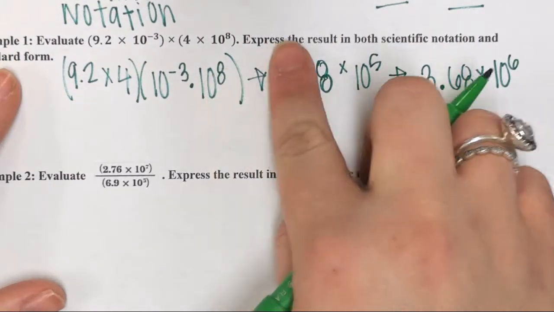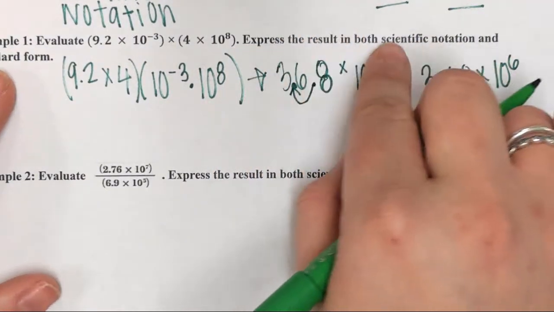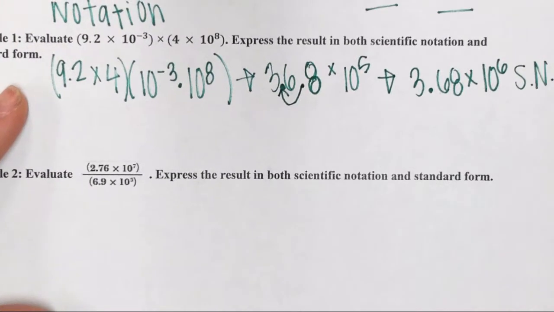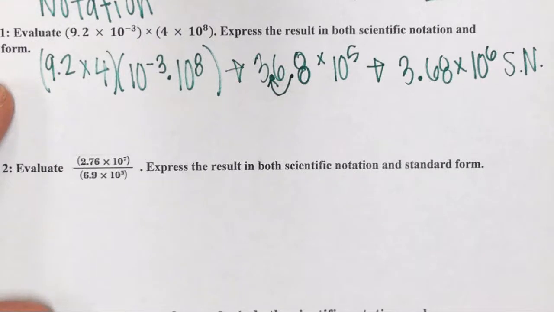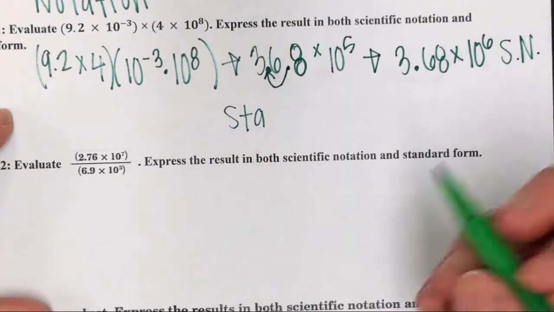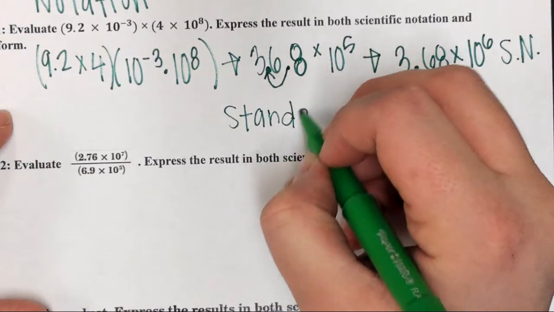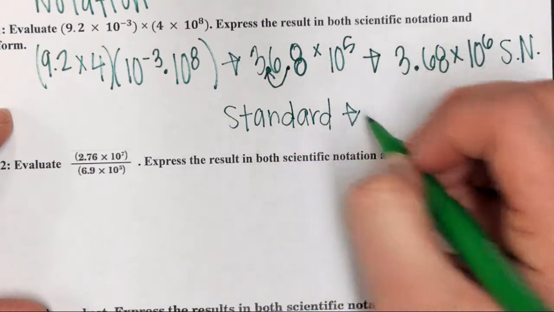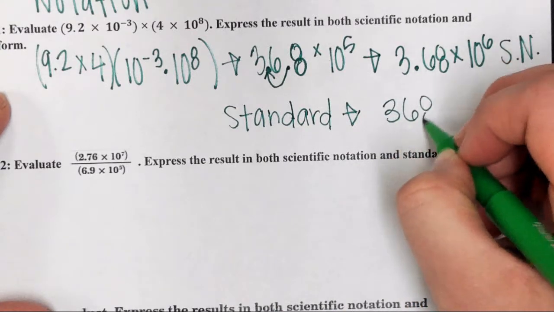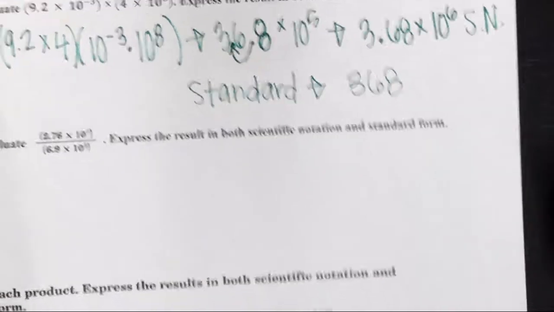Okay, so it says please express the result in scientific and standard form. This is scientific notation. Let's write it in standard form. So you have 3, 6, 8, and we need to move our decimal 6 times.